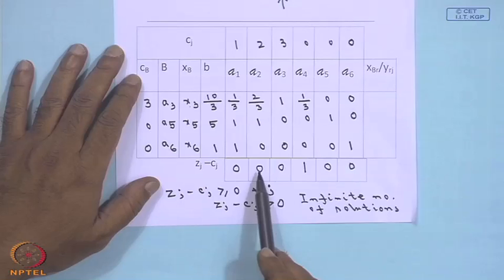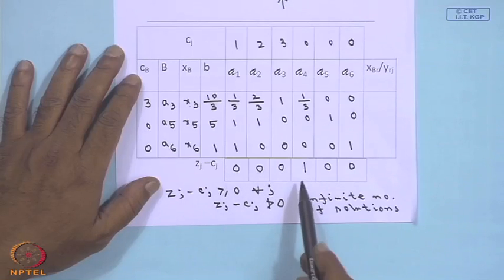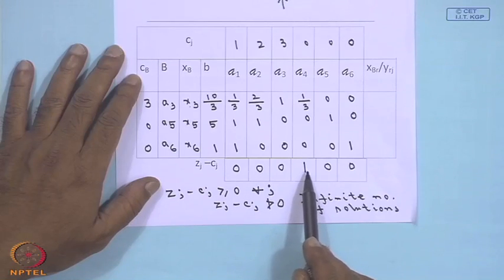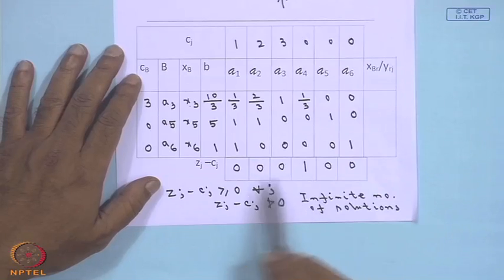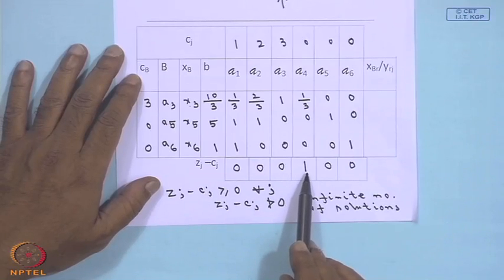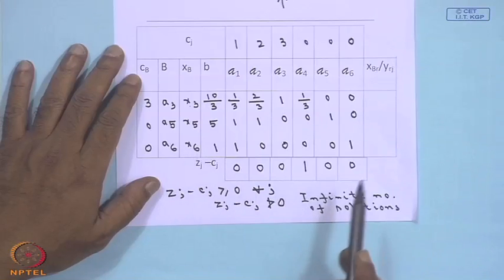It will not increase since the value is 0. But if you take the A4 column, Zj minus Cj is 1, so if I try to enter A4, the value will change.